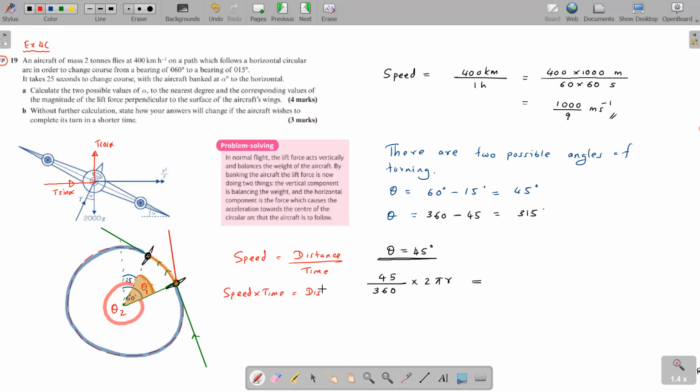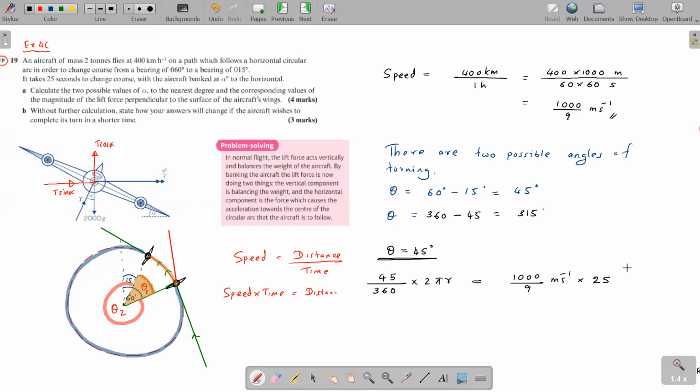Agreed? So I can get the distance that the plane travels because I have the speed of the plane. It's 1000 over 9 meters per second, into the time. We have the time duration the plane travels in the circular path. It takes 25 seconds to change course. So this is 25.